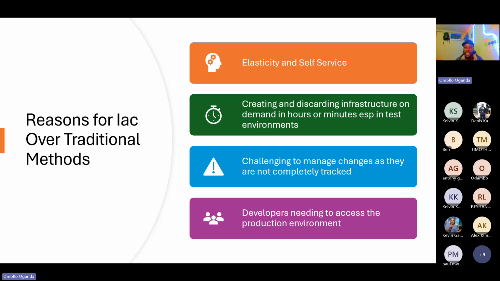Elasticity is the characteristic of cloud environments to be able to scale out or up, or scale in or down, based on the system requirements or the performance that you need for your application. To give you a real example, let's take this Uber application.